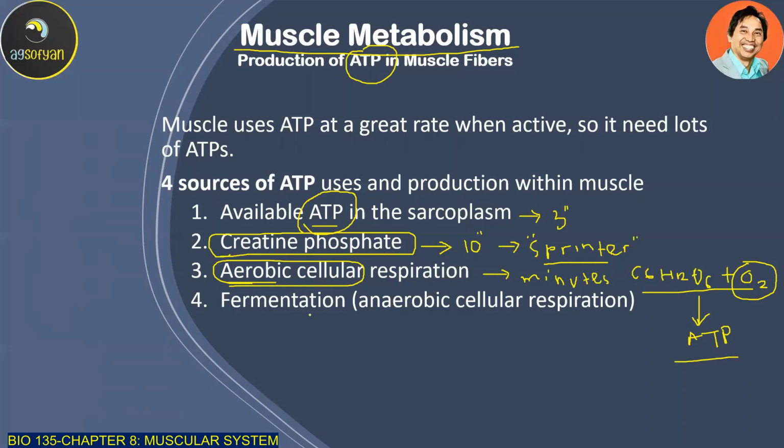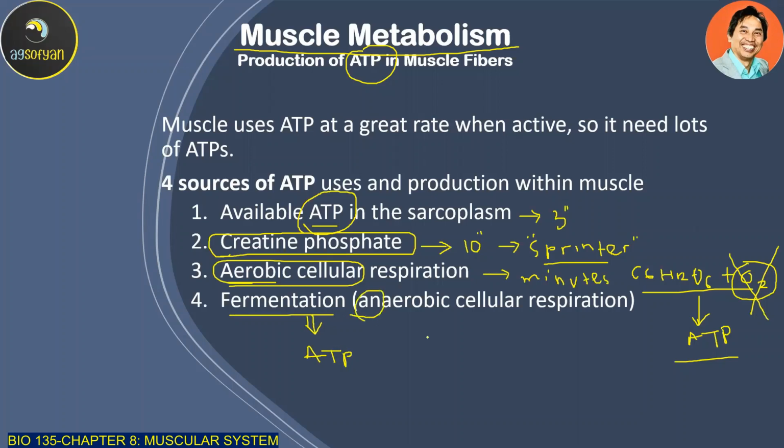And this is the main source for our contraction. And then if we continue, for example, exercising, we may be gasping, and what happens is the oxygen will be very difficult to get, so we breathe with difficulty, and the oxygen will be used for important organs, like the brain and the cardiac muscle, the heart. Therefore, the skeletal muscle will not receive the oxygen, but the skeletal muscle is still able to produce ATP using the process we call fermentation or anaerobic cellular respiration.